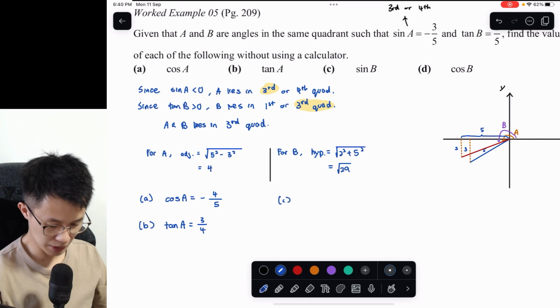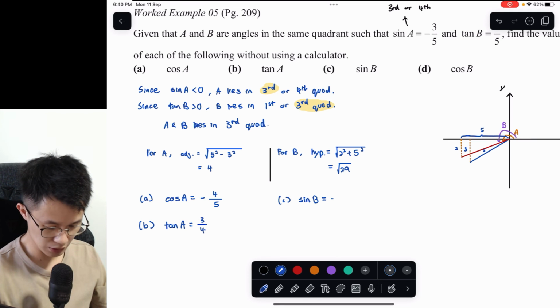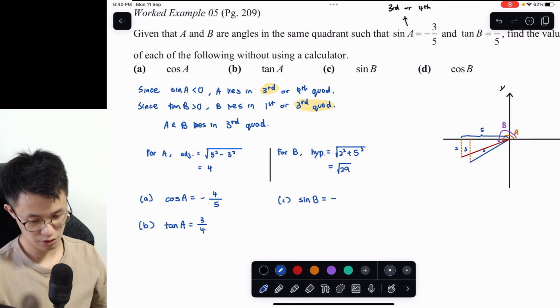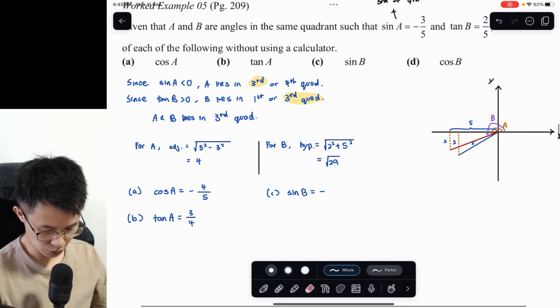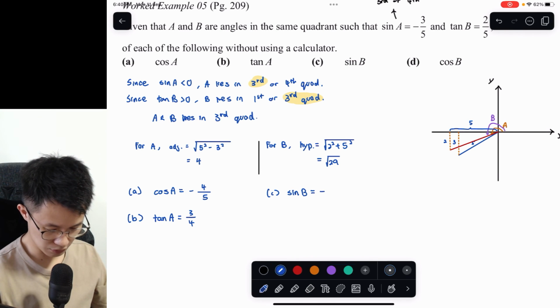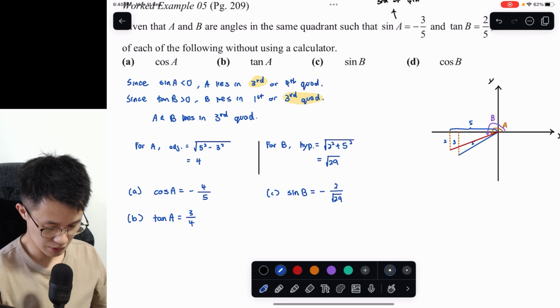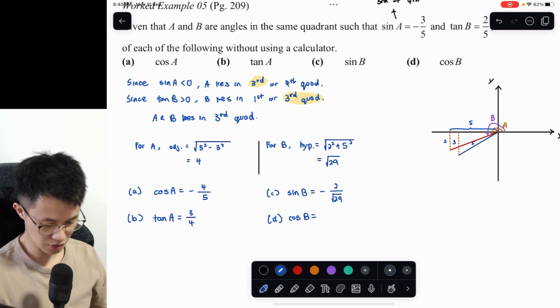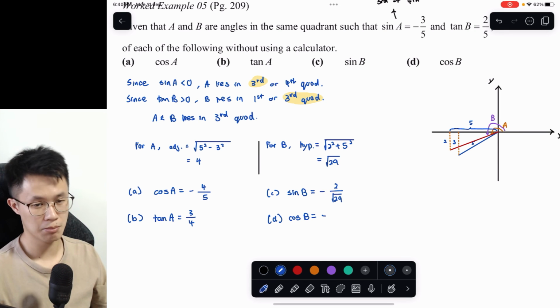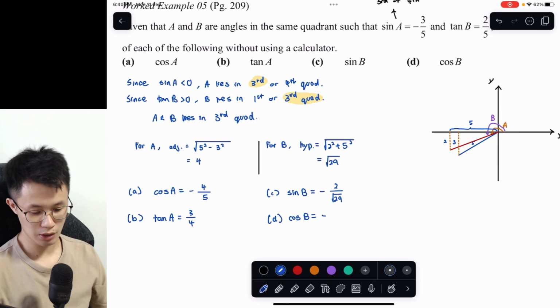For part C, we're looking at sine B, which will give you a negative value, and the opposite is 2, so it will be negative 2 over square root 29. And the last one, part D, we're finding cosine B, which is still going to be negative because B still lies in the third quadrant.